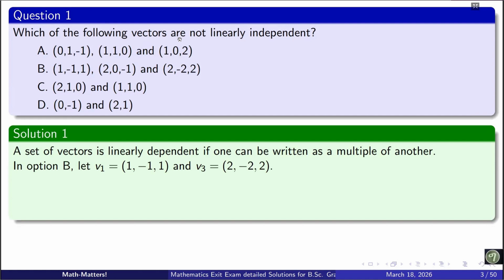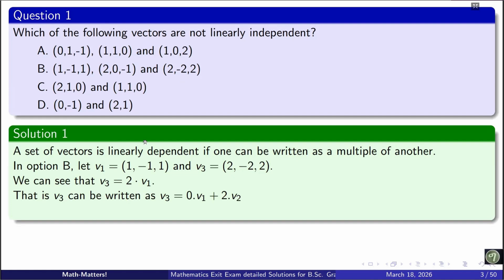So when we see option B here, we know that if we let V1 be the first one, V2 be 2, 0, minus 1, and V3 be 2, minus 2, 1, then V3 can be written as a multiple of V1, that is 1, minus 1, 2, because 2, minus 2, 1 can be obtained by multiplying V1 by 2, which is a scalar.